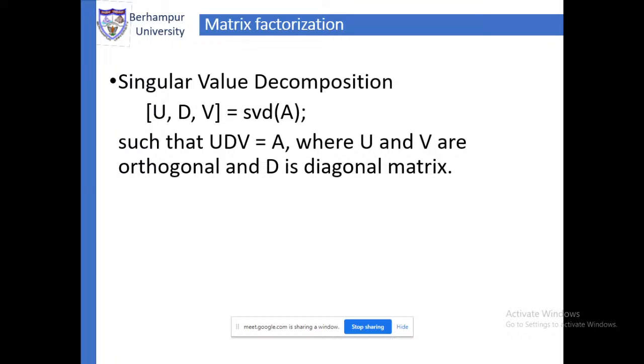Now if you multiply U, D and V, that will give you A. U and V are orthogonal, D is a diagonal matrix. So this is what is called singular value decomposition. We usually use this when we have a singularity in the matrix.